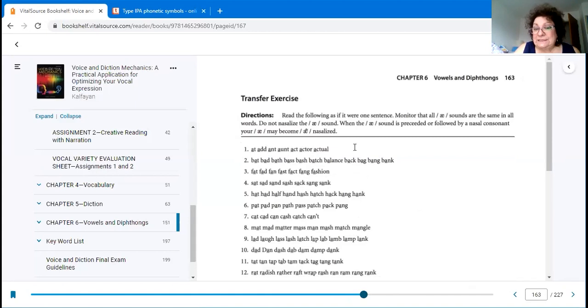Each one you read as a sentence going left to right. The first word in each of these sentences, you never nasalize. At, bat, fat, sat, we don't nasalize. But when we read it as a sentence, there is 1 or 2 words in that sentence we tend to nasalize. So I'll read the first one. At, ad, ant, act, actor, actual.